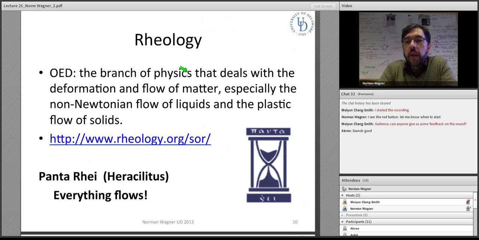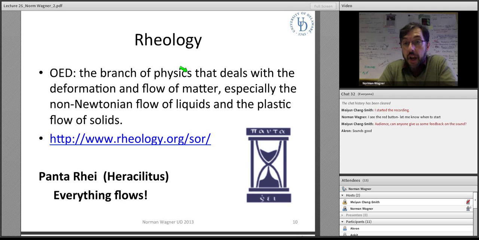So I'm going to spend a few slides on rheology because I realize that really hasn't been covered in this class, but a number of the speakers before have alluded to it. For those of you who are interested in rheology, or maybe don't even know what it means, according to the Oxford English Dictionary, it's the branch of physics that deals with the deformation and flow of matter, especially the non-Newtonian flow of liquids and plastic flow of solids.